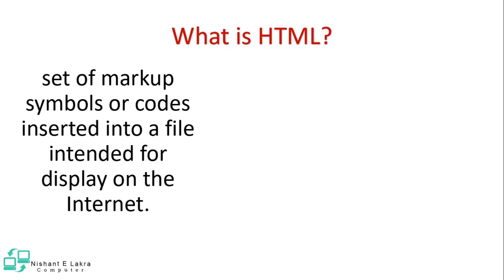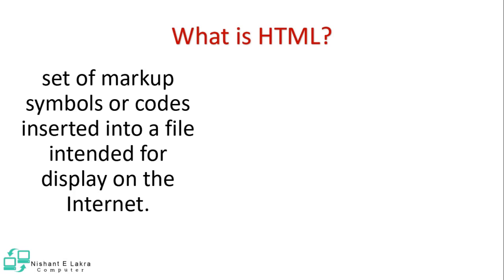Like the paragraph of your book, or maybe an essay or a letter, you can even display it on the internet, and that is what we will be learning, how to display it on the web page. Okay, this is what HTML is.